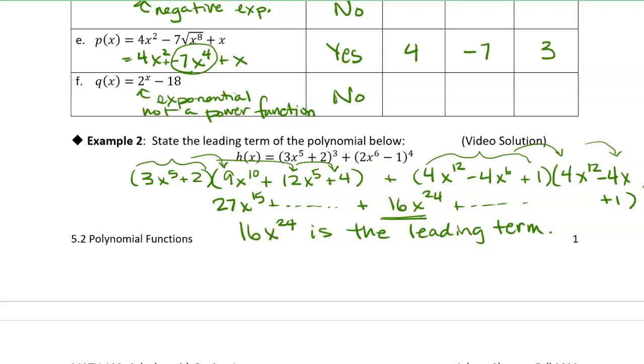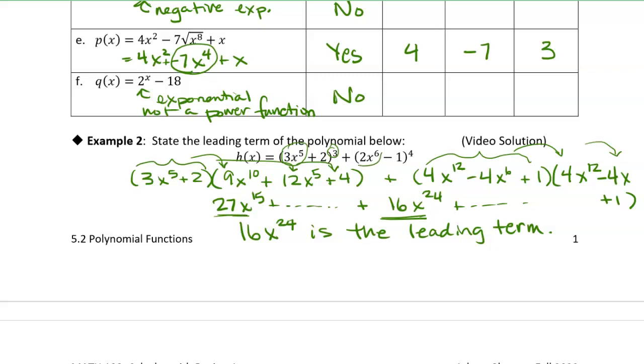What I would probably do instead, if I was actually doing this myself, is look at the 3x to the 5th, and it's to the 3rd power, which is going to make it 27x to the 15th.